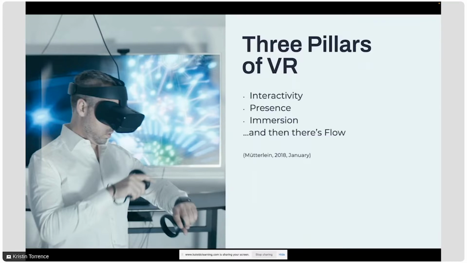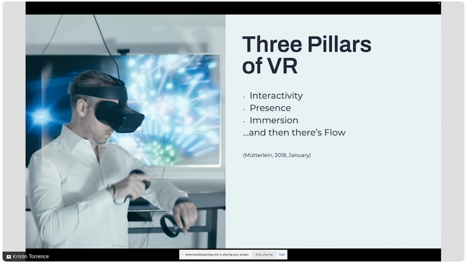Research suggests that these three pillars, interactivity, presence, and immersion, are what catalyze this effect. Interactivity is defined as the degree to which users feel that they can influence the things around them. Presence is the feeling of being in one environment even if you're in another. And immersion is the feeling of being totally absorbed in the things happening in your environment.